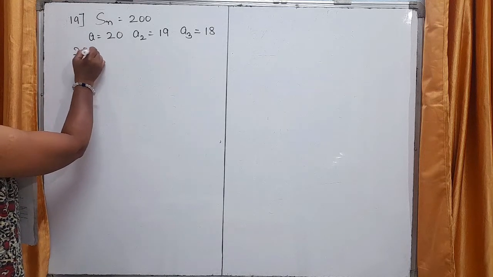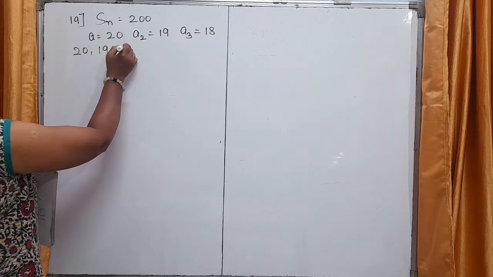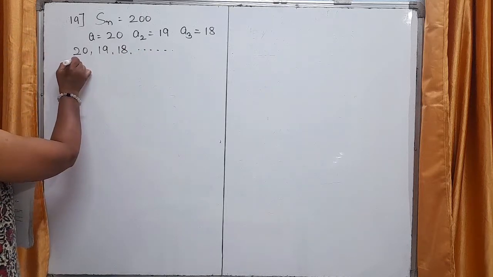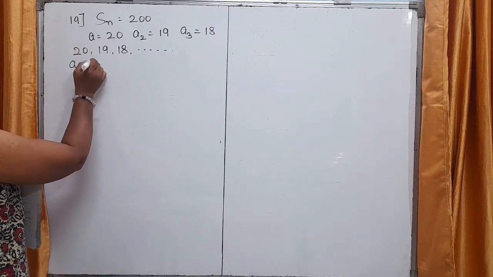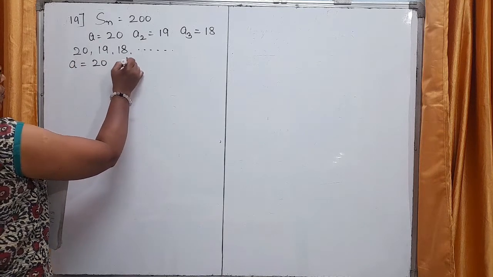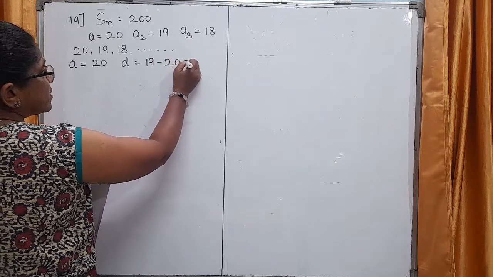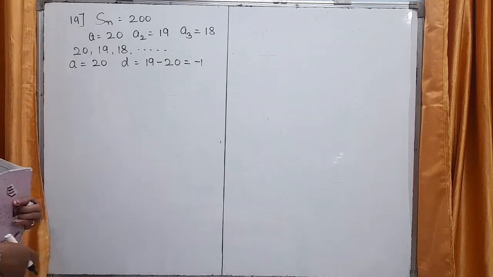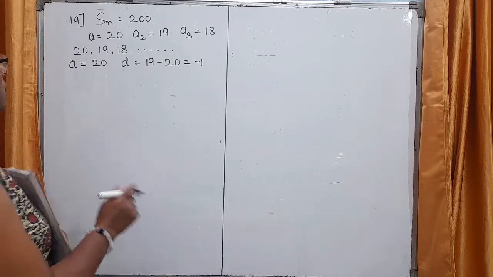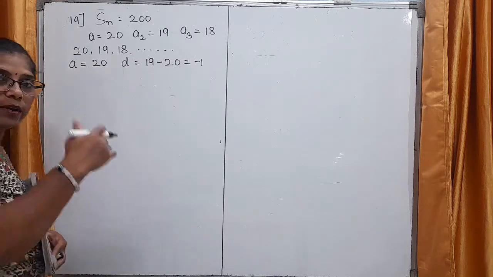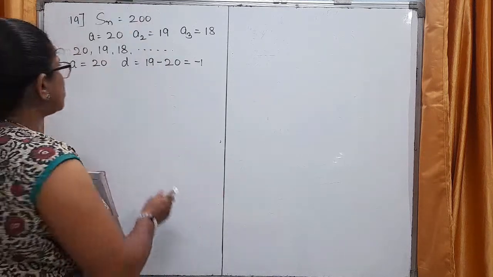This 20, 19, 18 forms our AP, where, as we have written here, the first term is 20 and the common difference is 19 minus 20, which is minus 1. Here d is minus 1. Now we have to find the number of terms. We have to find the number of rows. So we have to find the number of terms.